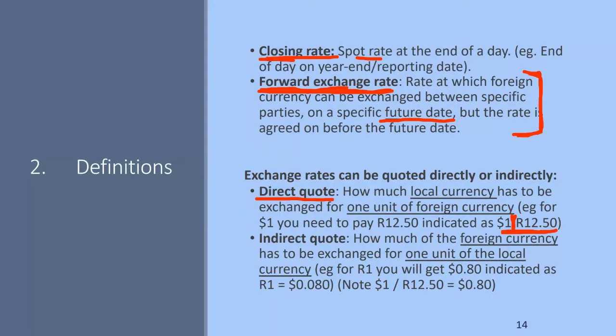Now the indirect quote is the amount of foreign currency you get for 1 rand. So let's just say that again. The direct quote is the amount of rands you need to buy 1 unit of foreign currency, right? That's a direct quote. The indirect quote is the amount of foreign currency you get for 1 rand.